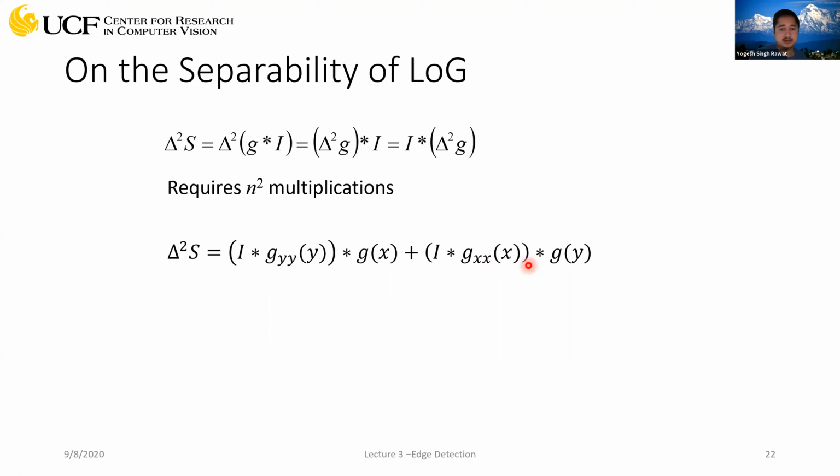So this is the second order partial derivative in the x direction, and this is your Gaussian in the y direction. So this is the first 1D operation, this is again 1D, this is the third one, and this is the fourth one. Earlier you had n square multiplications, but this reduces to just 4n multiplications. So that's a big optimization.